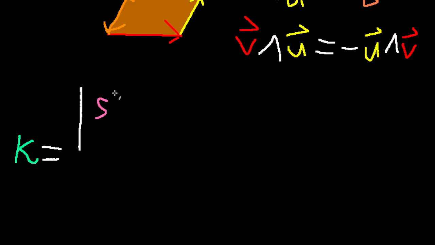So the magnitude of S prime of t, and S is the position function, so it's got a vector arrow, and then over, divided by its magnitude. So let's go ahead and do that.